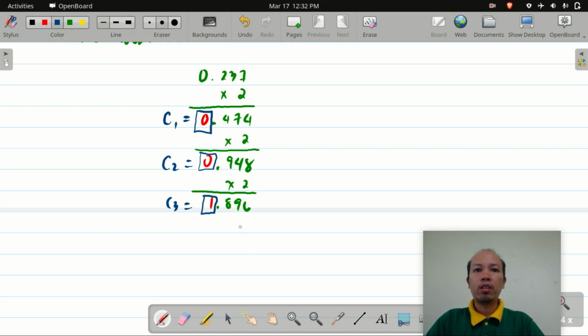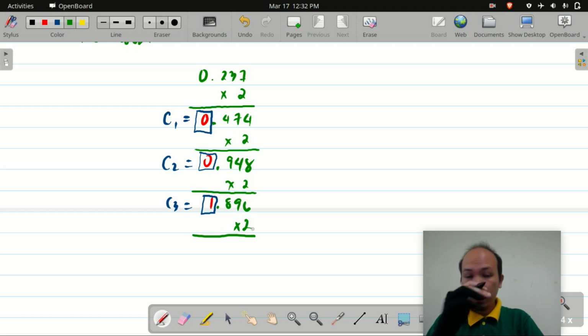We multiply again by 2. Where does it end? If it ends at 0, you stop, but if not, then perform at least maybe 10 multiplications, so that it will be enough to represent the given number in its binary form.